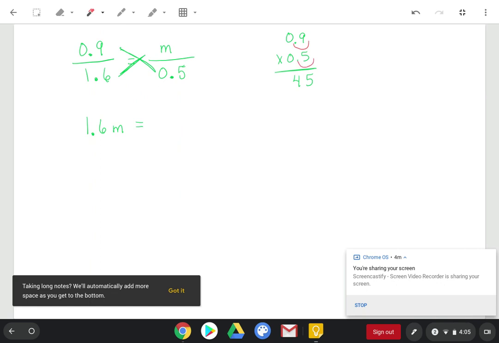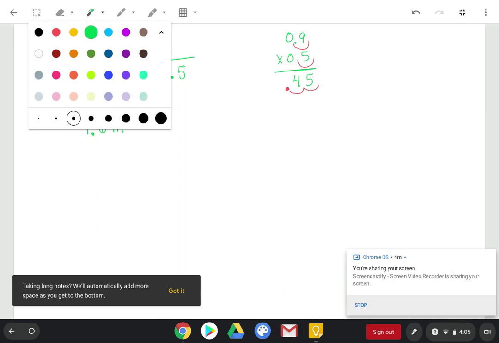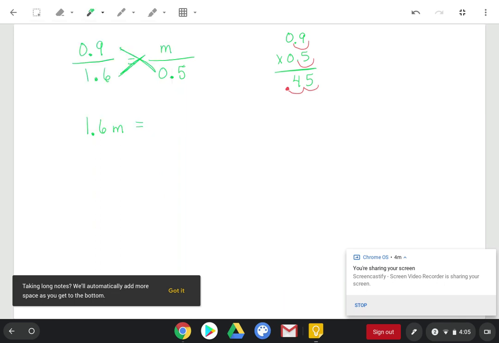We hopped one time there. That's 2 hops. So down here we need to make 2 hops. So 1.6m is equal to 0.45.